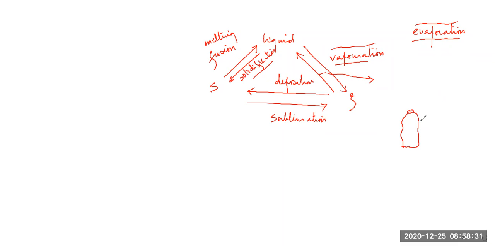On the outer surface of the can, you will see some droplets of water. This is a result of condensation. How does it happen? The vapor of the water present in the air releases heat and becomes droplets on the surface of the can. This is condensation. Very good, students.